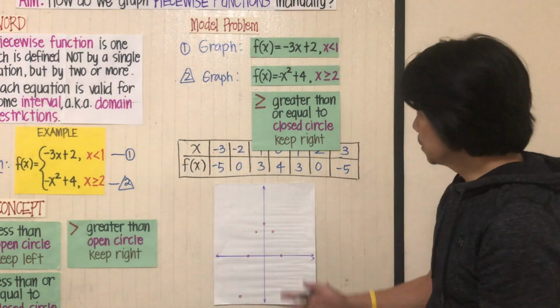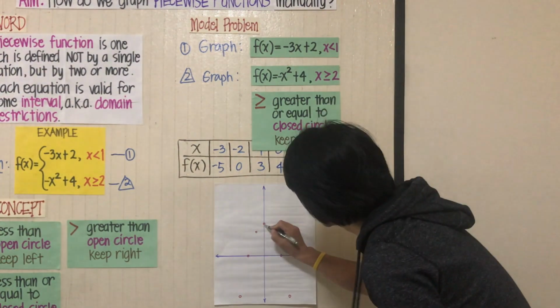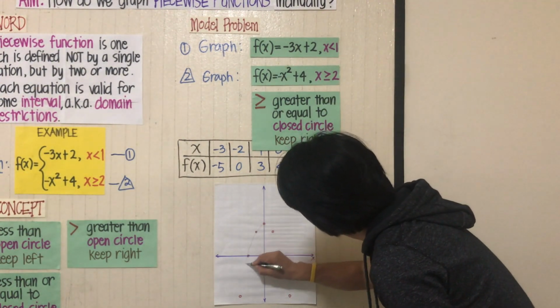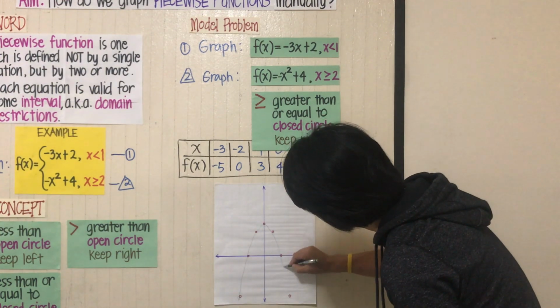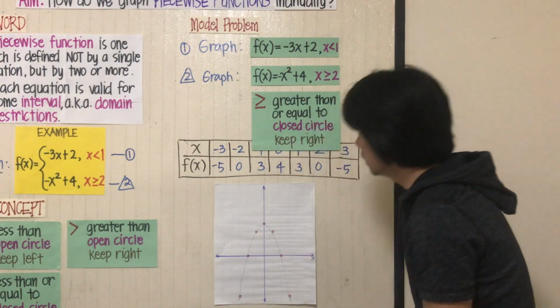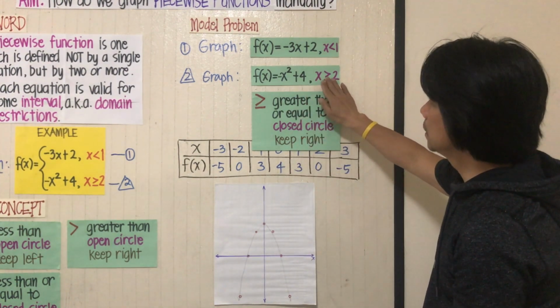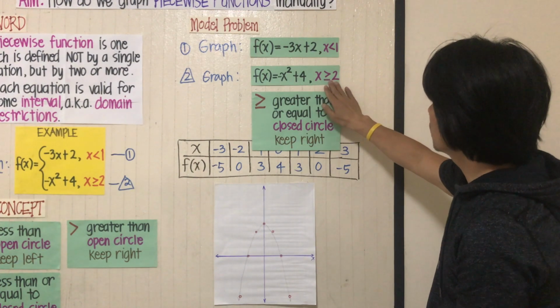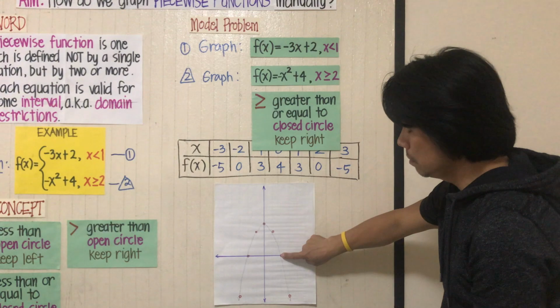Now let's try to trace the parabola. I'm going to use a pencil for now. So the parabola looks kind of like this, right? But again, based on the domain restriction, x is greater than or equal to 2. This is x is 2.